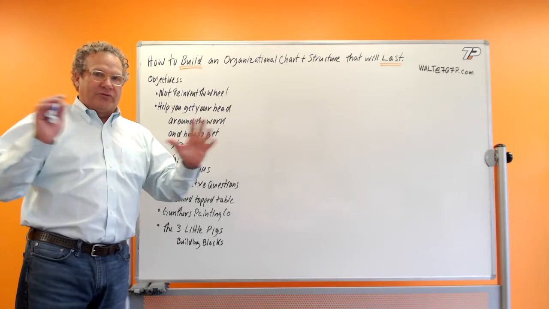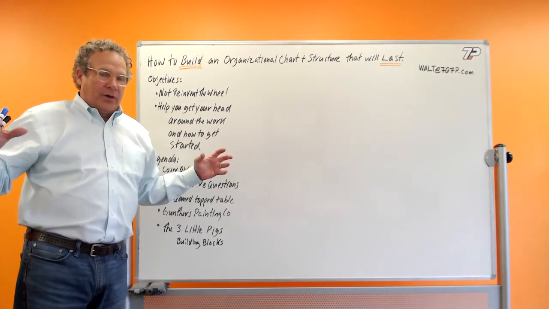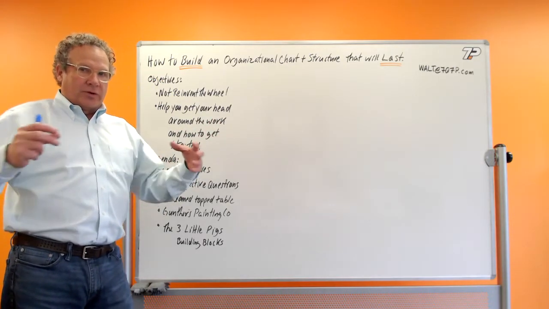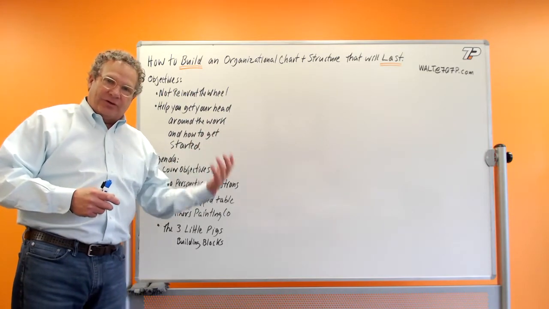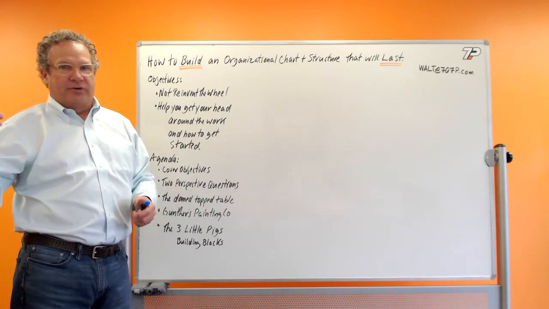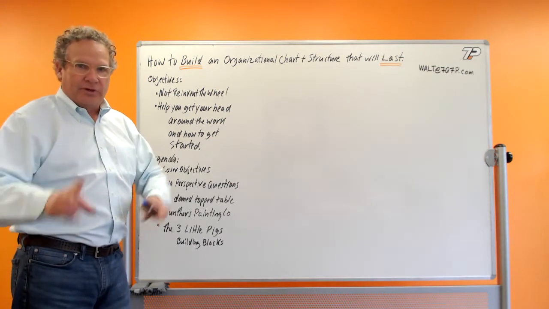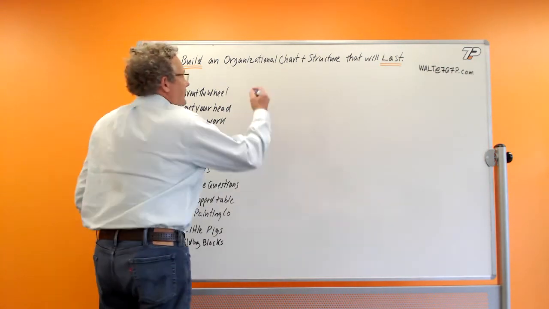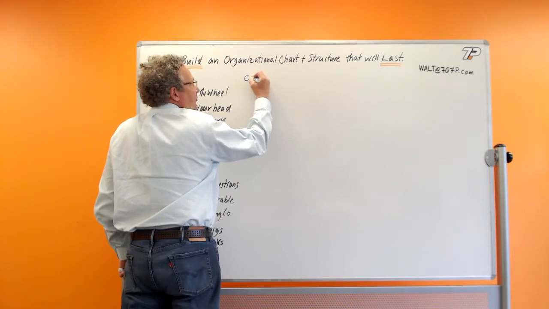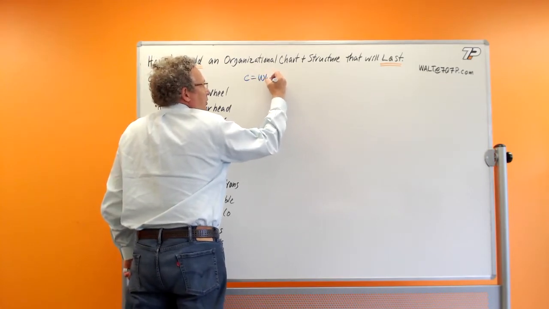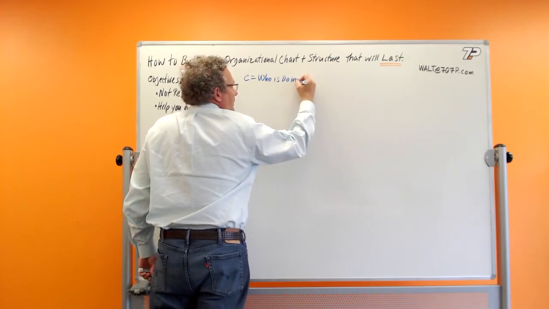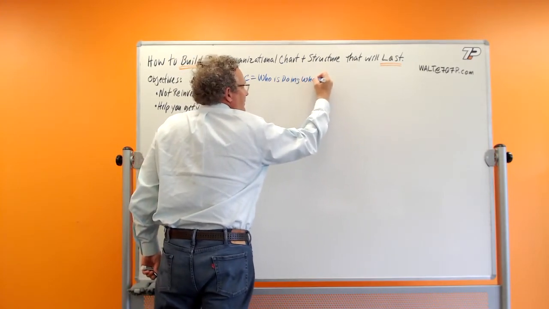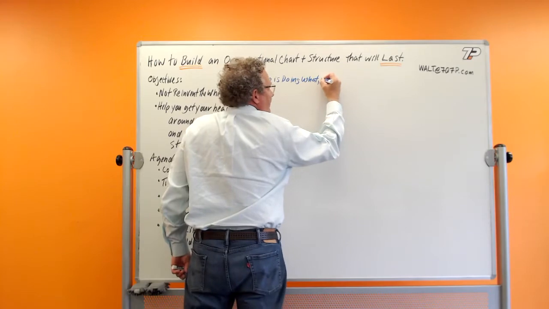Two perspective questions that let you know when the work is done. There are two questions being asked when you're working on organizational structure and organizational charts. One question comes from the C-suite, like the CEO, and the other question comes from the individual contributor, the employees. And these are the two questions. The C-suite is asking who is doing what and why.